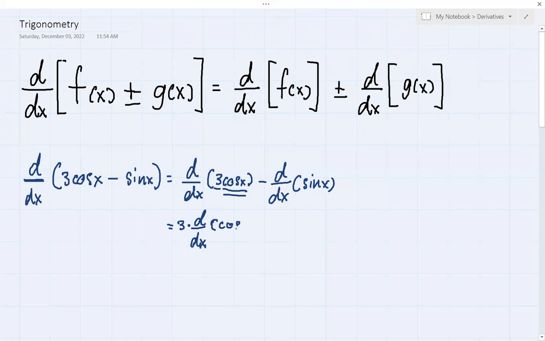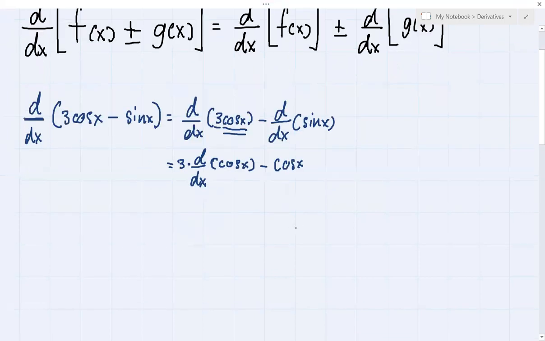There you go. That's it. Then, here, what is the derivative of sine x? You know already, I said earlier, this is cosine x. Now, we're not done yet because we're going to differentiate the cosine x. So, let's recall, what is the derivative of cosine x?